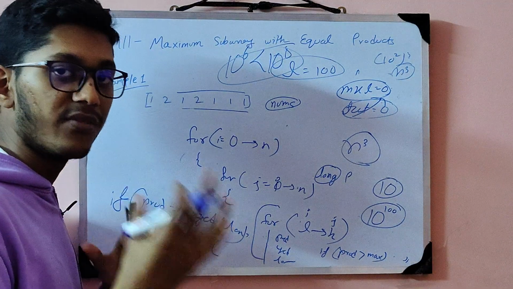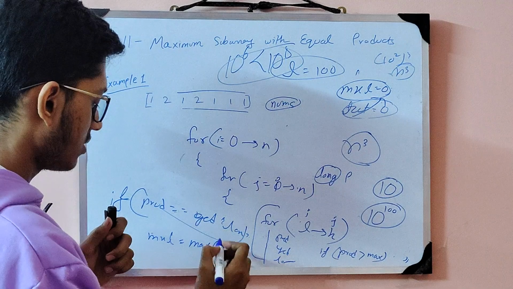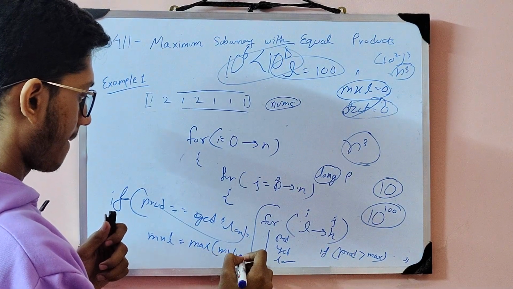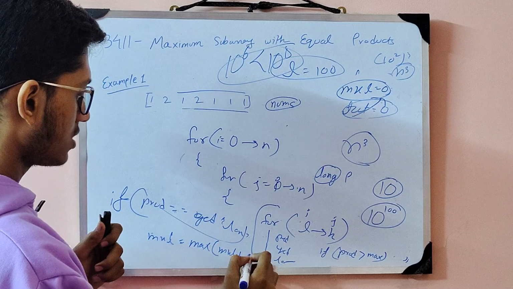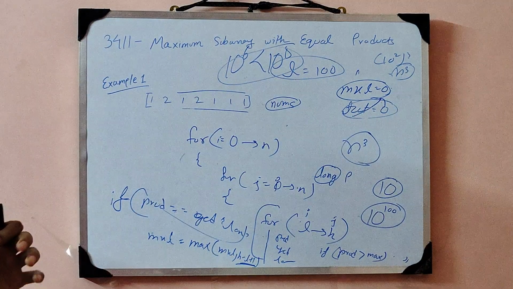It returns the maximum value after comparing two values, right? So max length and high minus low plus 1, this is my subarray length, right?